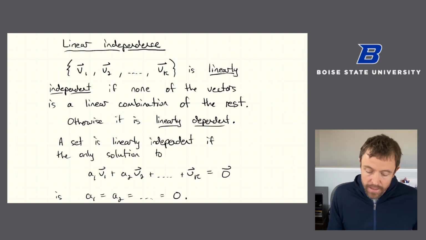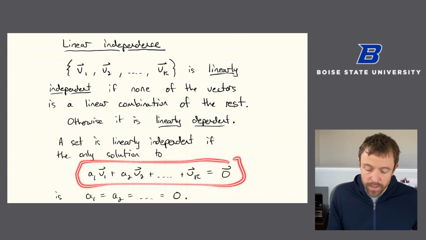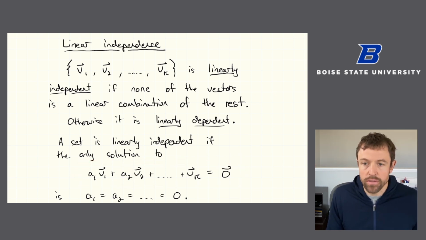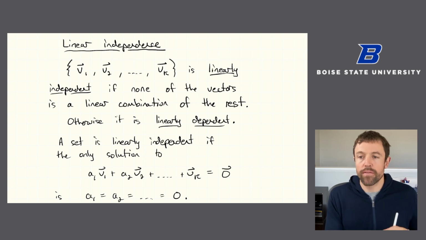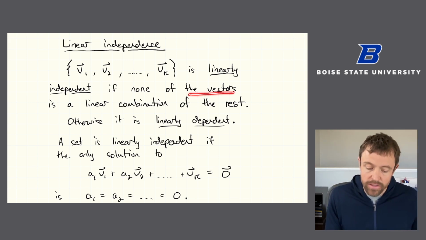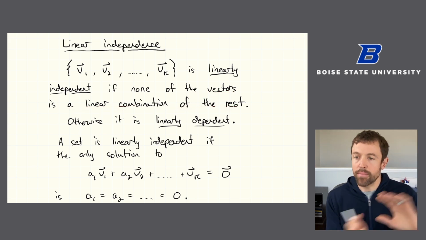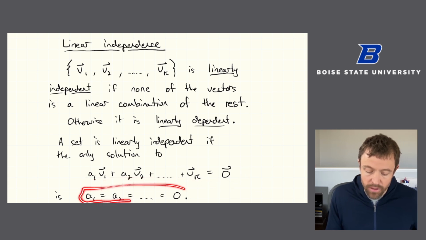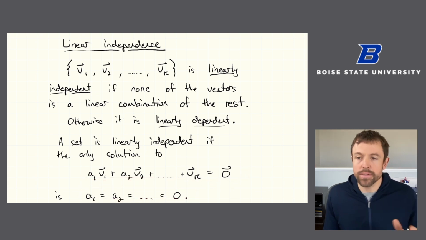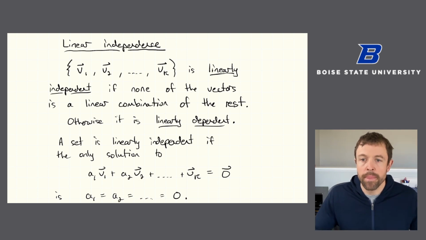Because if we had a solution to this, where some of the coefficients weren't zeros, we would be able to rearrange it so that one of the vectors was a linear combination of the rest. And conversely, if one of the vectors is a linear combination of the rest, we could push everything onto one side and we would get an equation like this that didn't have all zeros. And so we'll see in an example how this works. But this is important.